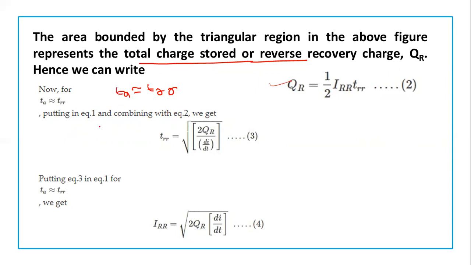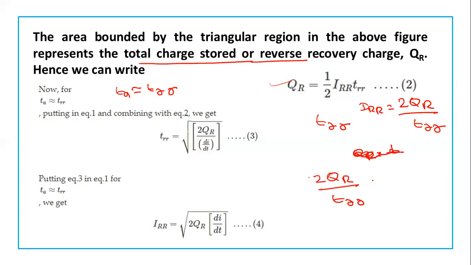So by putting equation 1 and combining with equation 2, we can write IRR is equal to 2 QR by TRR, and also we have QR is equal to 1 by 2 IRR into TRR. So we can write 2 QR by TRR is equal to TRR into di by dt.